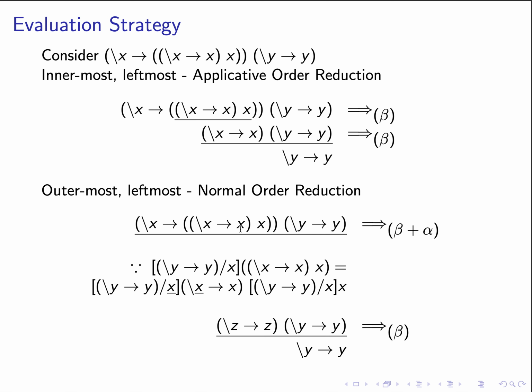So now there is no more x1, x2; this is x, and this will become z. Then we get the term lambda z. z applied to lambda y. y. Again we apply the beta reduction to this redex, and we get the final value, which is lambda y. y.